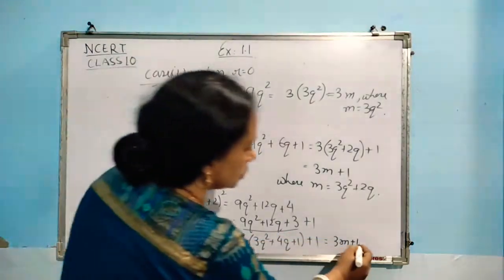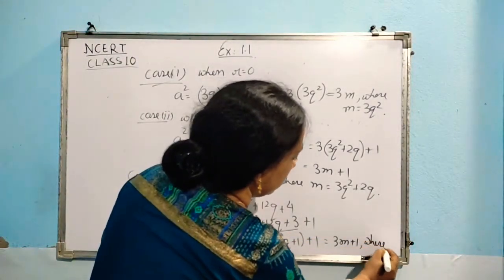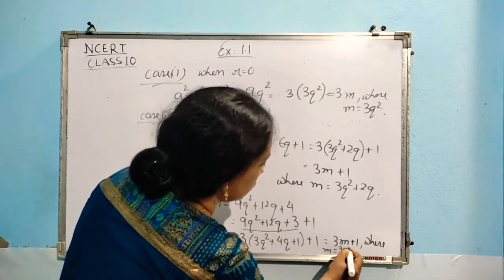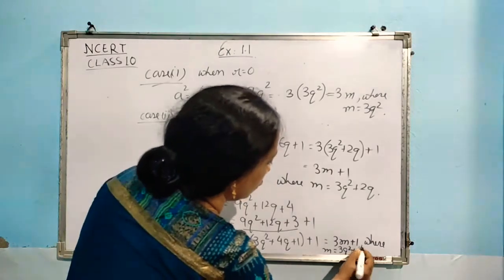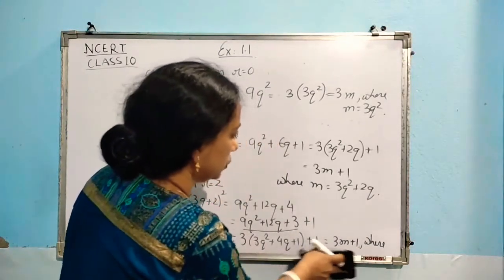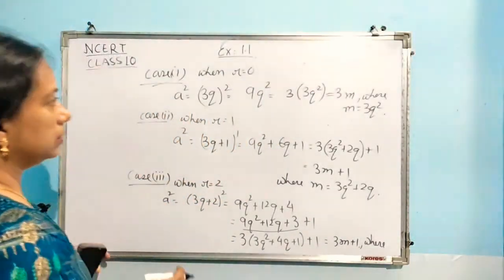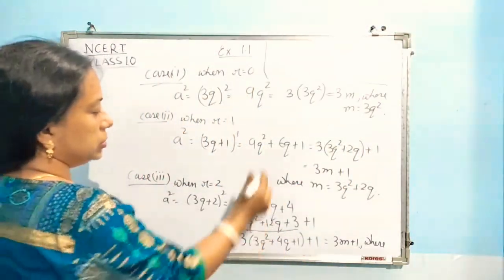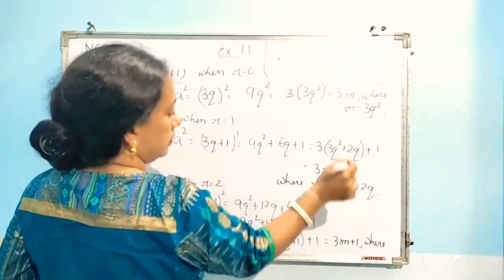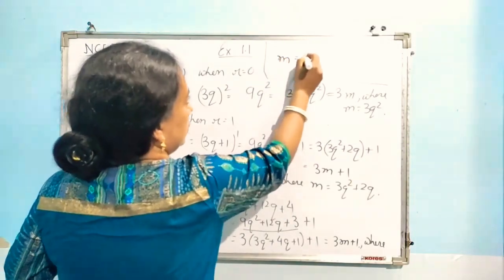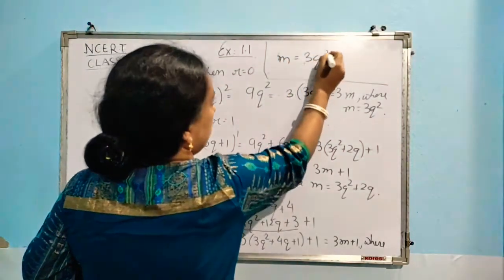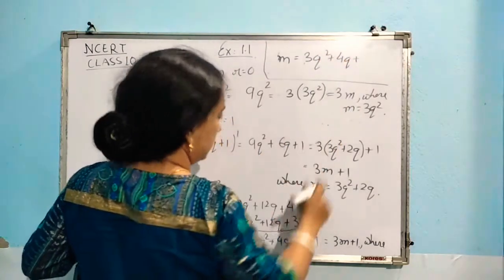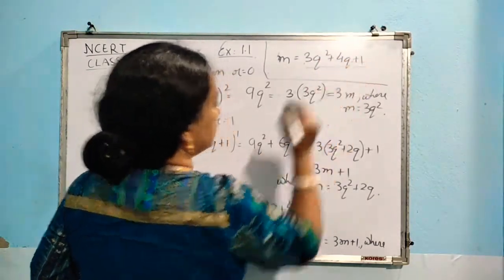Here also you can write, where m is equal to 3q square plus 4q plus 1. Since much space is not there, I am writing here. This entire thing is your m.